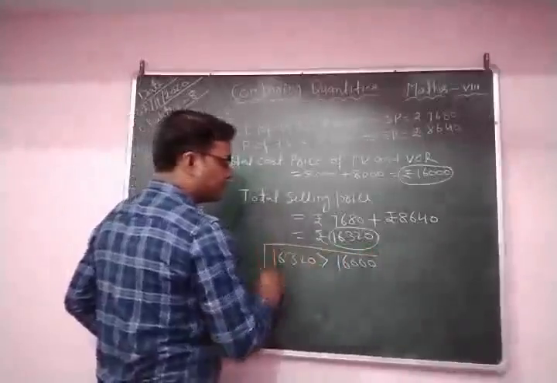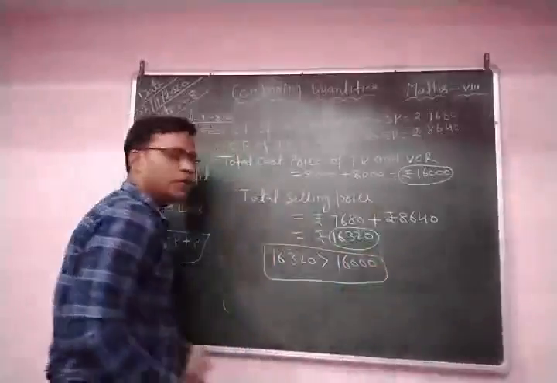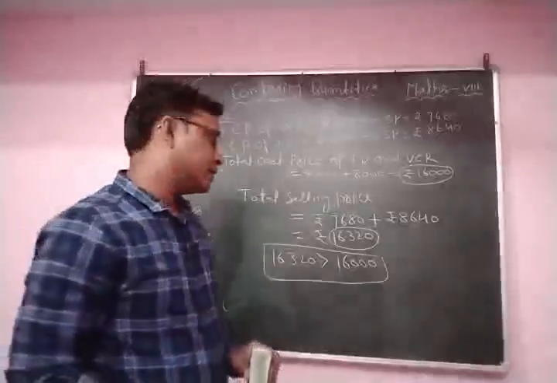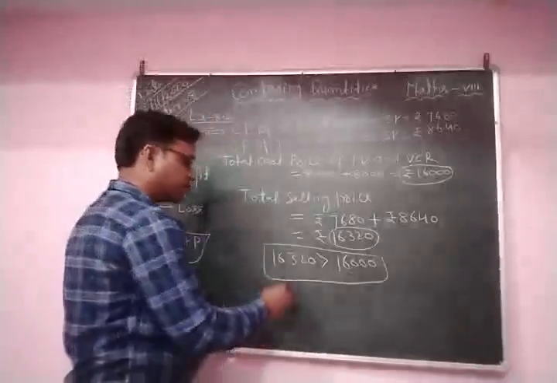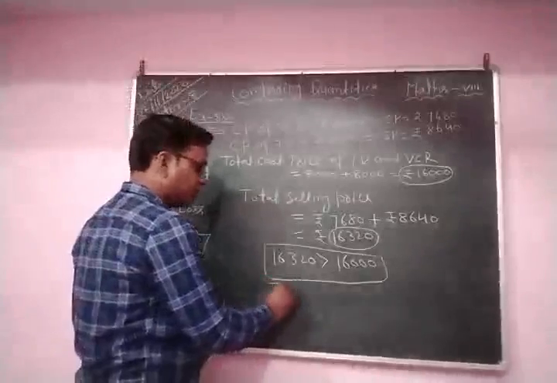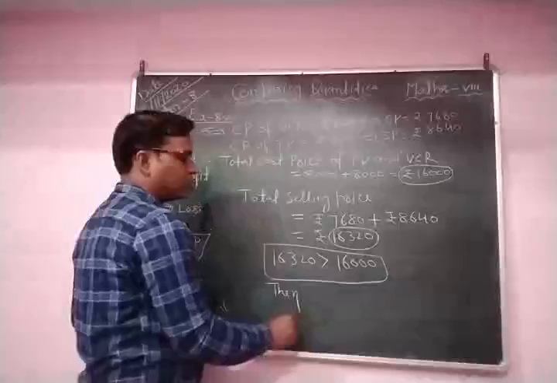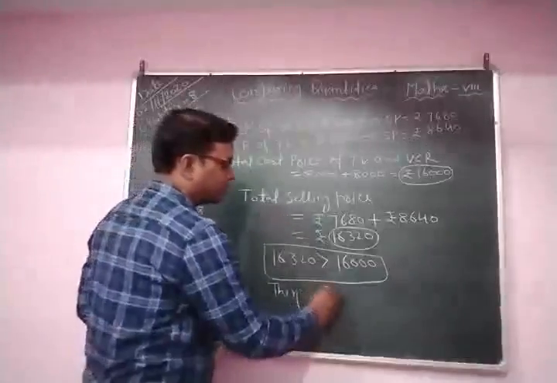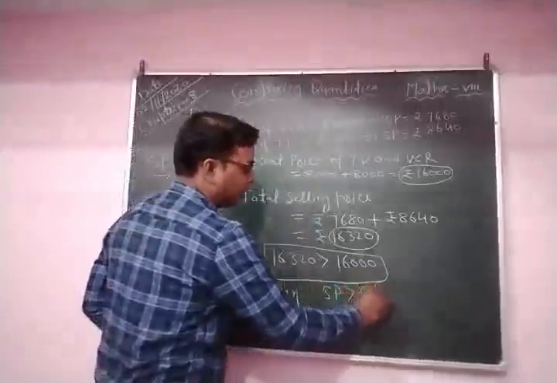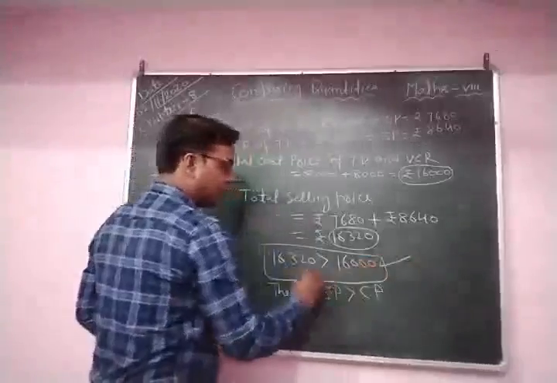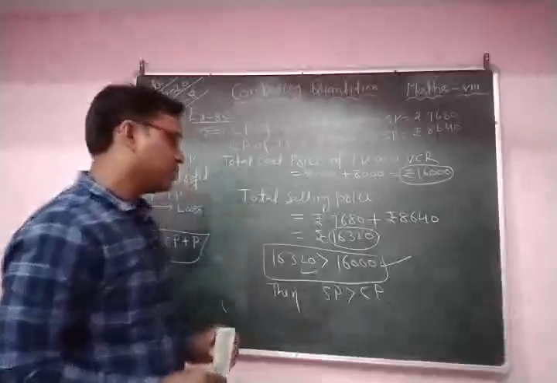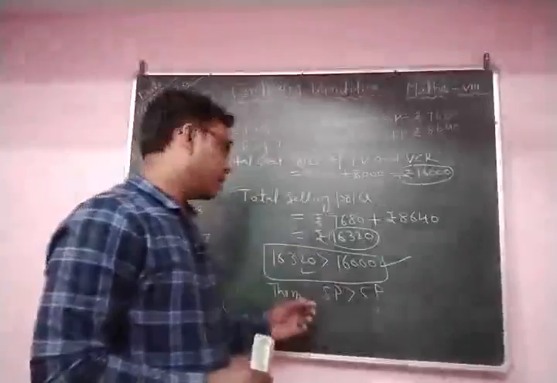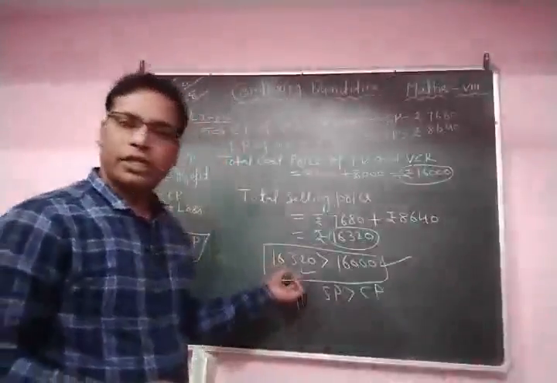Clear? 16,320 is greater than 16,000. Then we can say that SP is greater than CP, because this is CP, this is SP. CP 16,000 and SP 16,320.